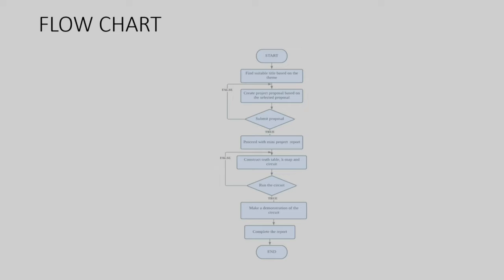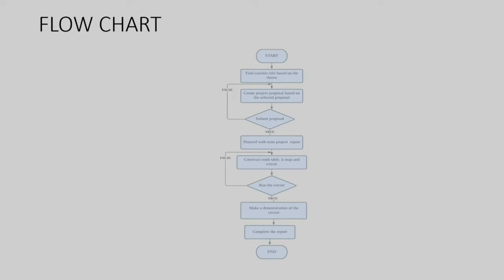First, find a suitable title based on the theme, and then create a project proposal based on the selected theme, and then submit the proposal. If my proposal gets rejected, I start back from creating the project proposal based on the title. If my proposal is accepted, I proceed with the mini project report and construct the truth table, K-map, and circuit.